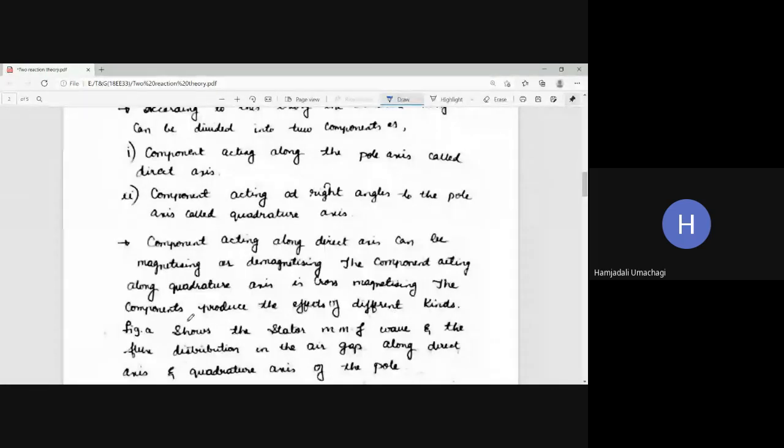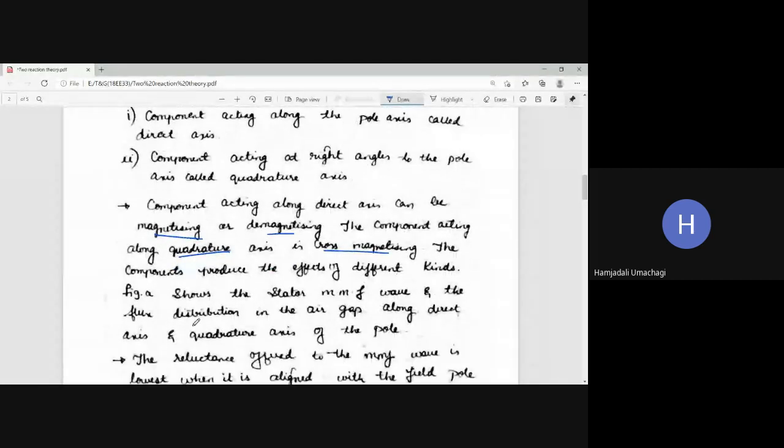These components produce effects of different kinds.